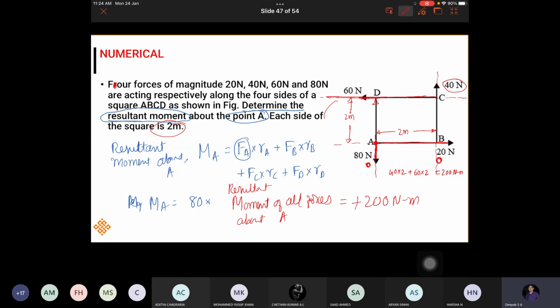If you write like this, you'll get full marks. Now, is it clear? One question will come like this only, I'm telling. Okay, you understood, no?